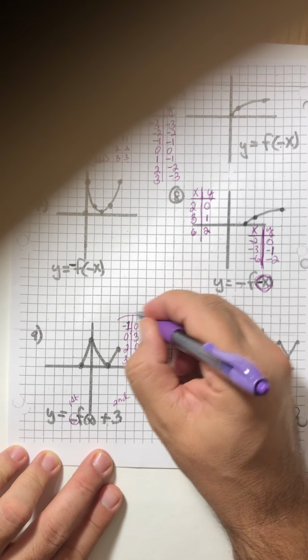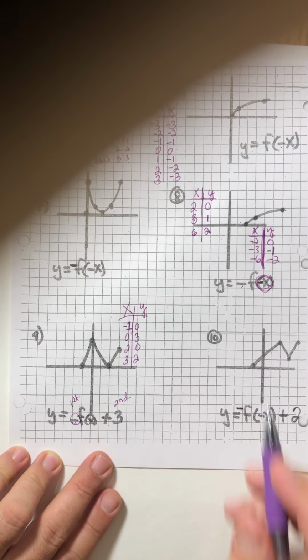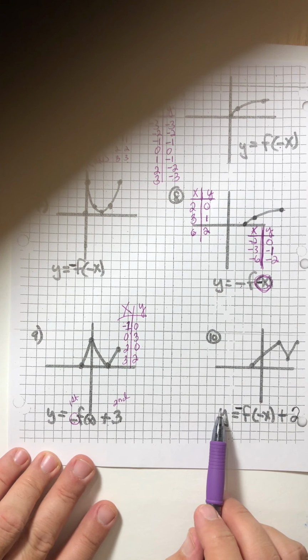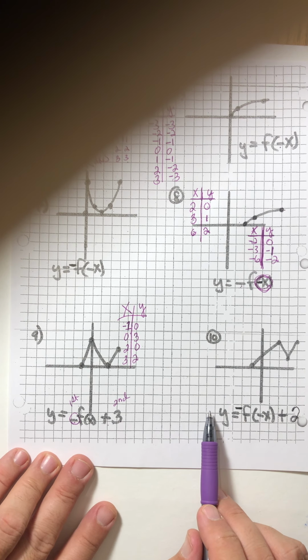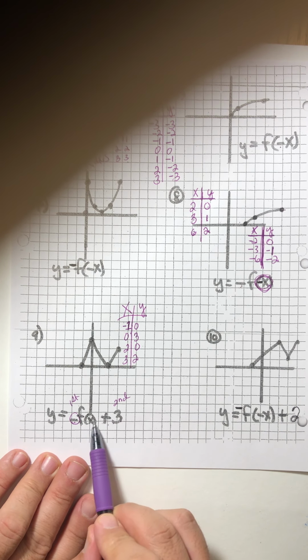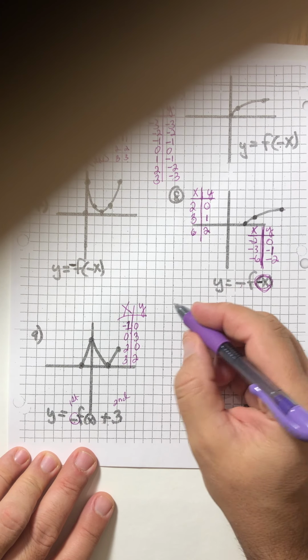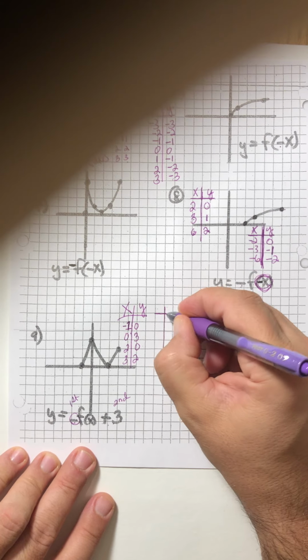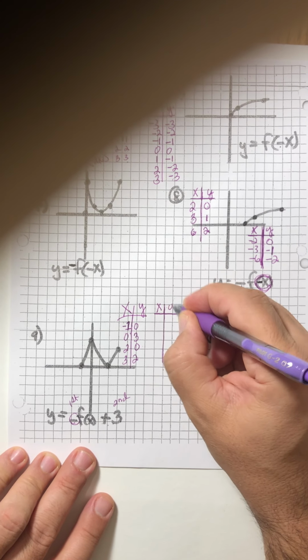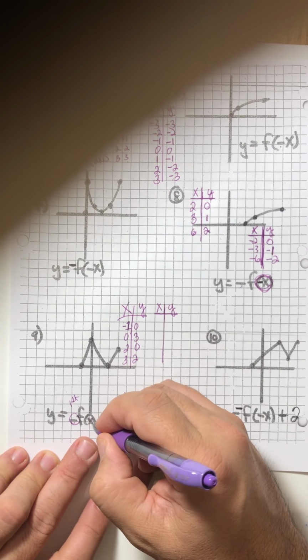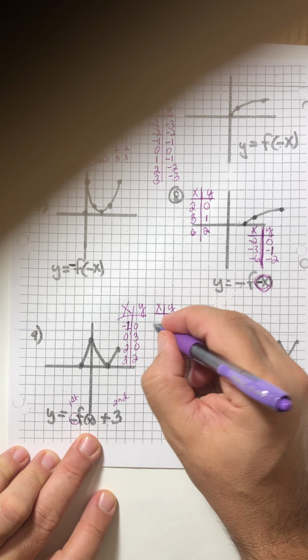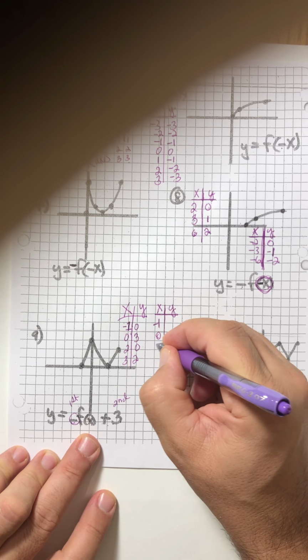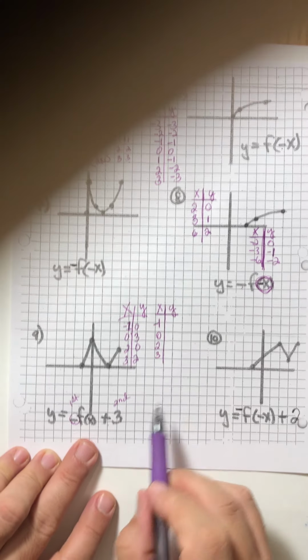All right, x, y. Now, I'm going to do this in 2 steps. So, are we doing anything to the x's? No. So here is my x, y. We do nothing to the x's, so I'm just going to rewrite all these x's. -1, 0, 2, 3.